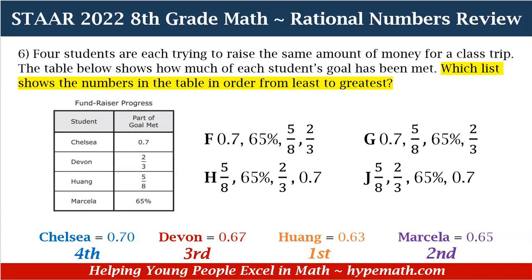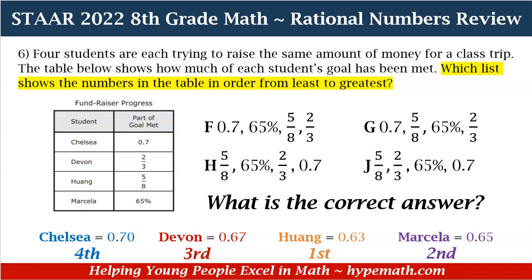Now that we know how we solve the problem, the next thing we need to do is discover what the correct answer is, okay? So we know that Huang's number needs to be first. In order to find out how the original number was written, all we need to do is look at our chart, and Huang is 5/8.